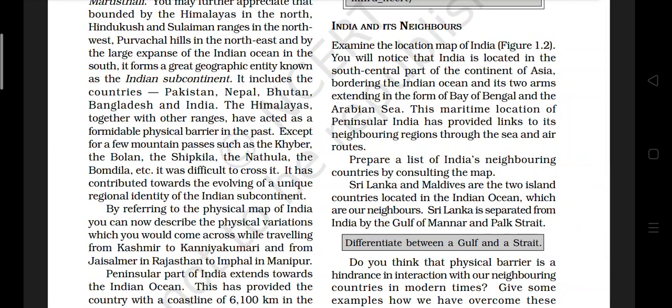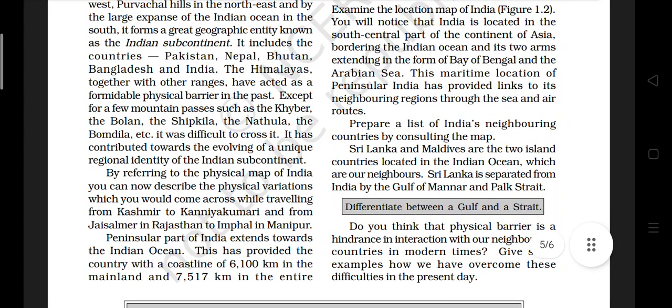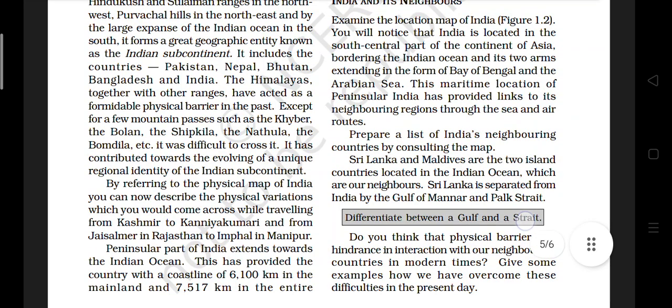India and its neighbors. Examine the location map of India. You will notice that India is located in the south central part of the continent of Asia, bordering the Indian Ocean and its two arms extending in the form of the Bay of Bengal and the Arabian Sea.